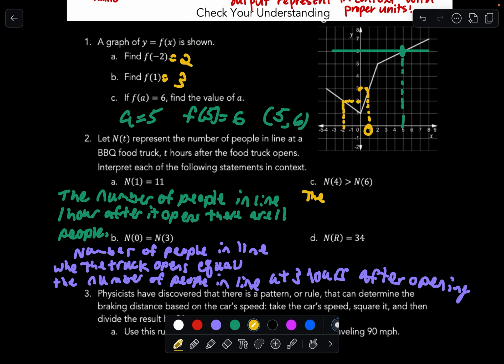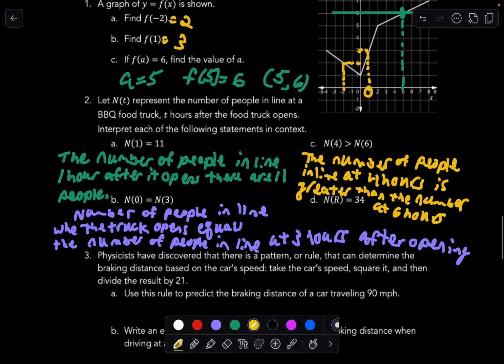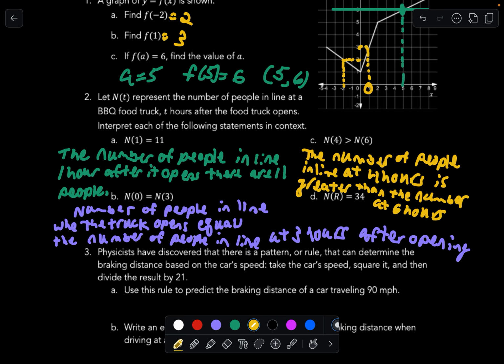So the number of people in line at 4 hours is greater than the number at 6 hours. Okay? Then n of r equals 34. Okay?